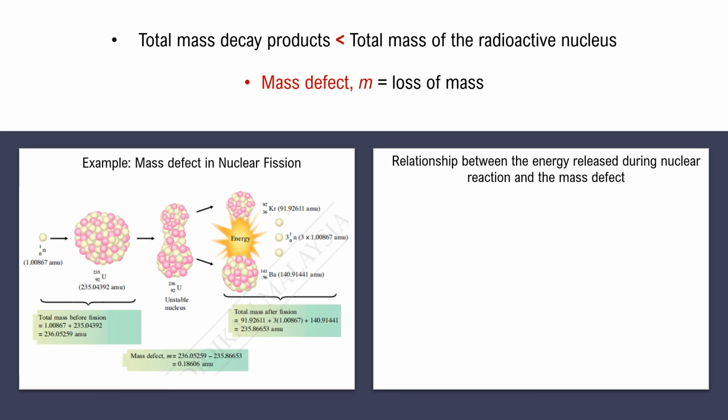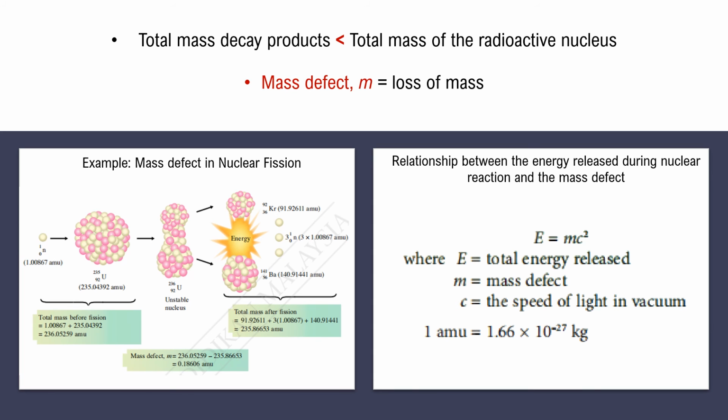The relationship between the energy released during nuclear reaction and the mass defect can be summarized by this equation. E equals mc squared, where E is the total energy release, m is the mass defect, and c is the speed of light in vacuum. Here, 1 AMU is equivalent to 1.66 times 10 to the power of negative 27 kilogram.